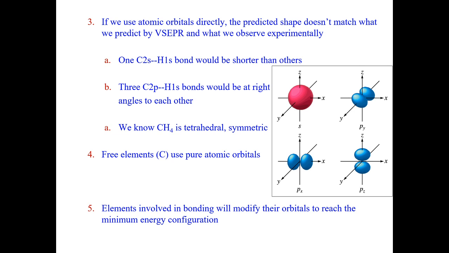For carbon, note that only the central atom undergoes hybridization. So when you have CH4, carbon will be the central atom. It will be only carbon that undergoes hybridization, and hydrogen basically will not.